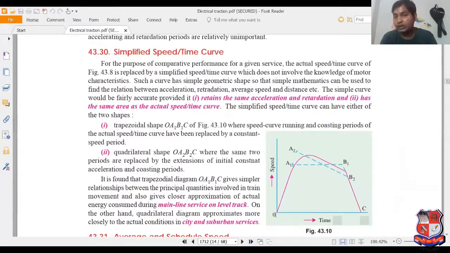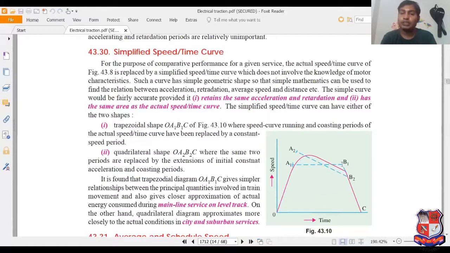The original curve is 0 to A2, then B2, then C. Instead of that, we can represent it by 0 to A1, then B1, and then C. If you look at this graph, you will find that the area that we have neglected above A1, B1 is being compensated in this part.